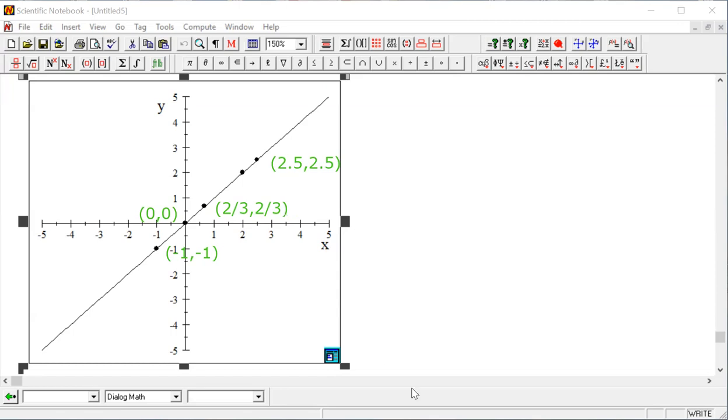For example, as the input gets larger and larger, what happens to the output? The output is getting higher and higher. This is actually an increasing function, okay?